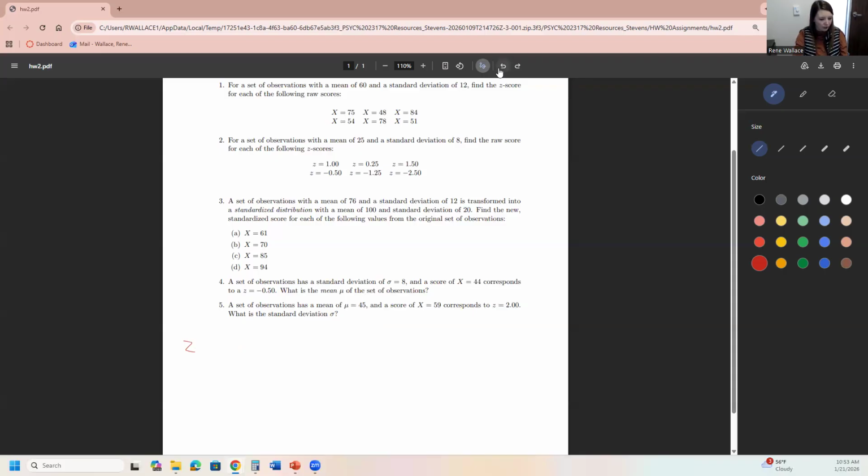Let me get my notes moved over. I'm going to put up my key again. My n equals 1, 2, 3, 4, 5, 6, so n equals 6.